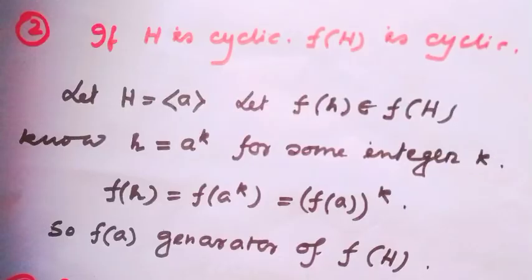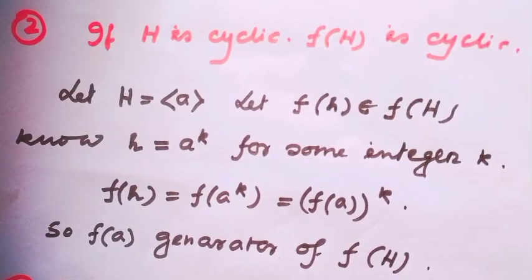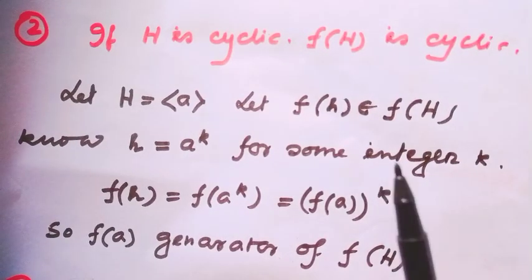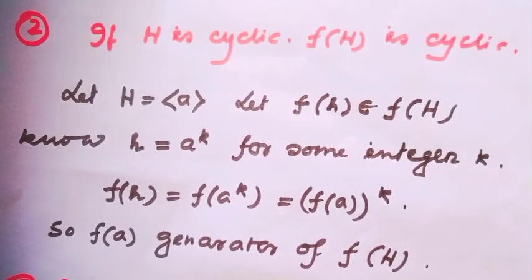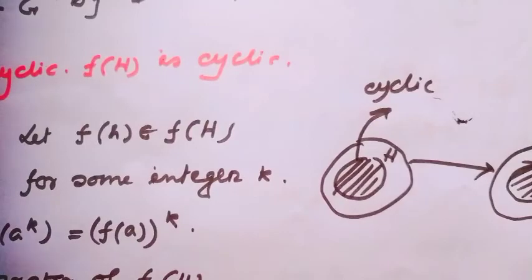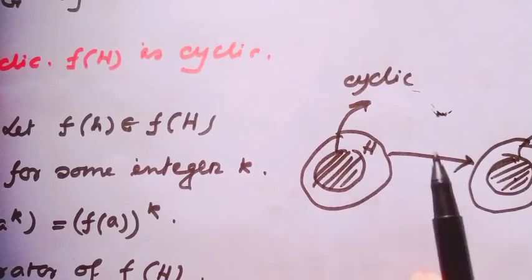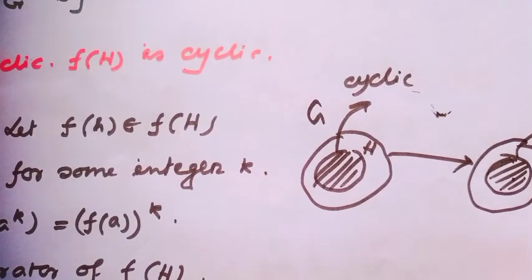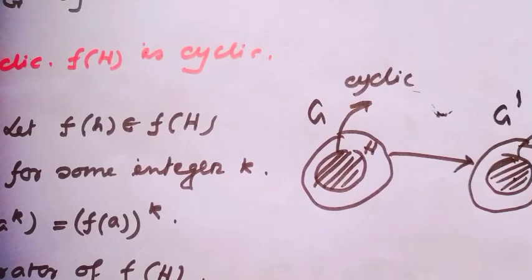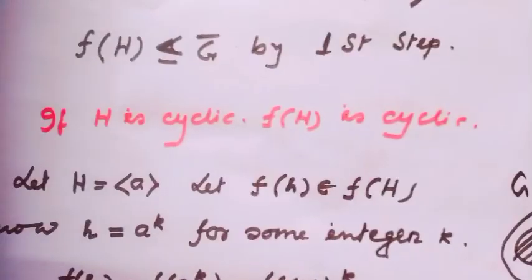Okay? The second property is, if capital H is a cyclic subgroup of G, then f of H would be a cyclic subgroup of G dash in homomorphism. Let's see the proof.